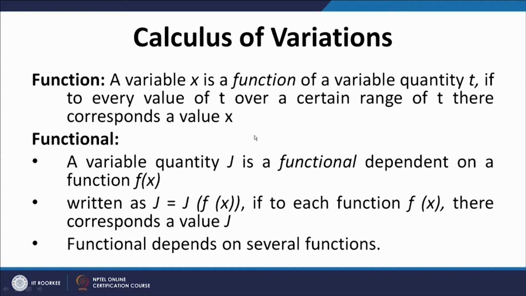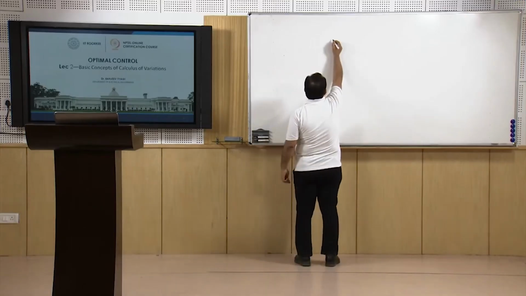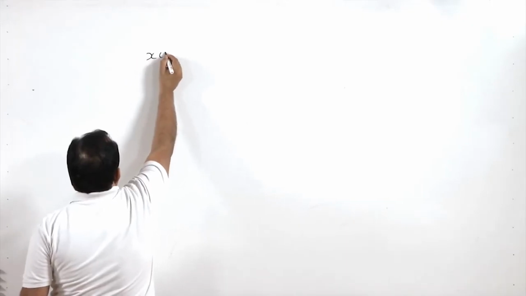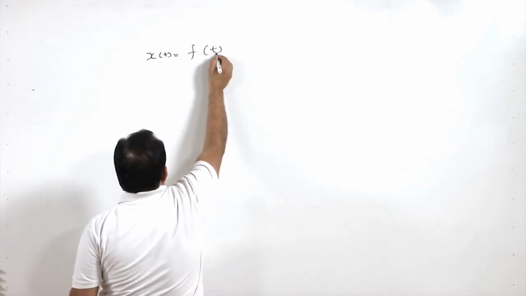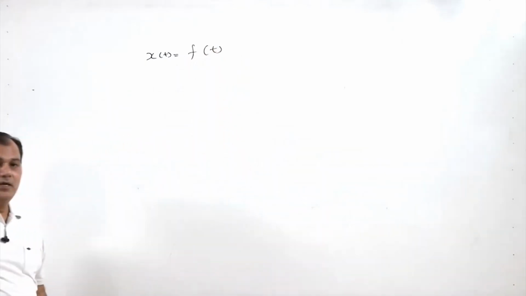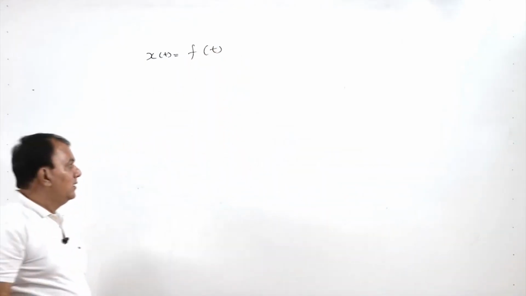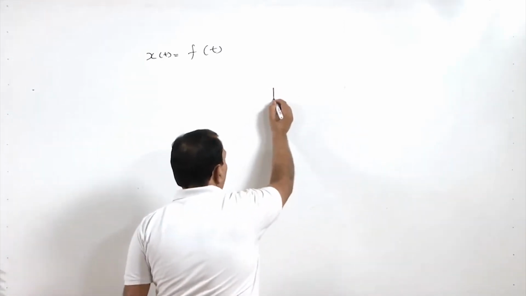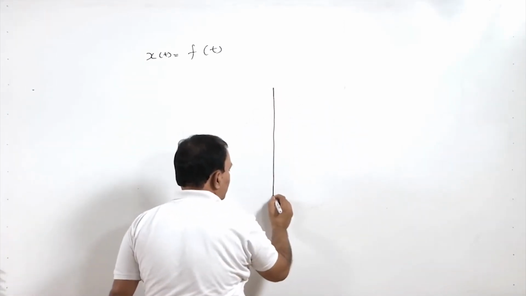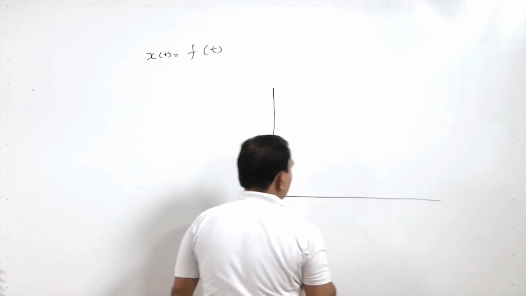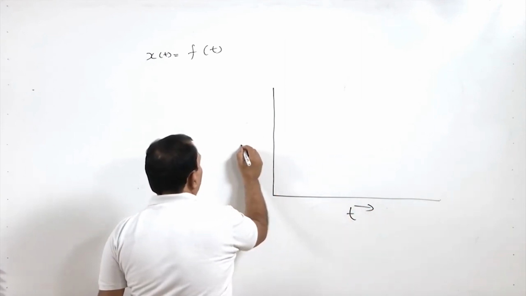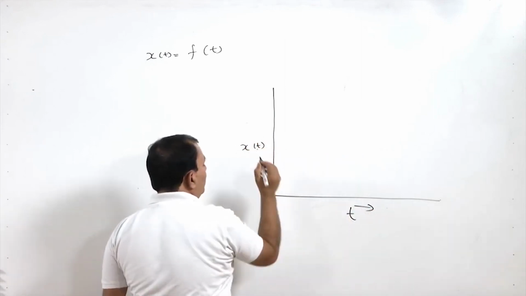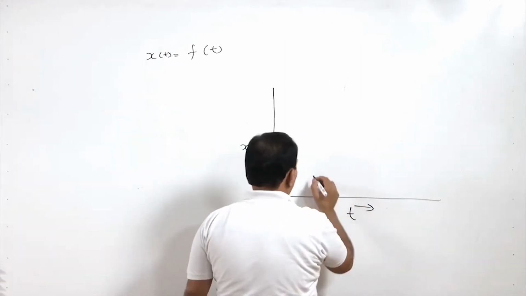This means if we let x(t) be a function of time t, for each value of t there corresponds a value x.